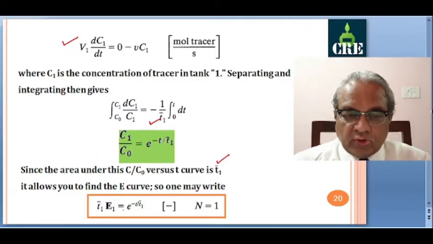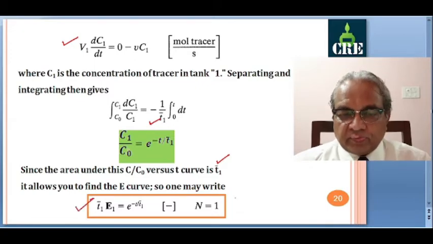So T1 bar into E1 is equal to e raised to minus T by T1 bar. That means this C1 by C0 is T1 bar into E1. This dash indicates dimensionless, and this is for n equal to 1 reactor.